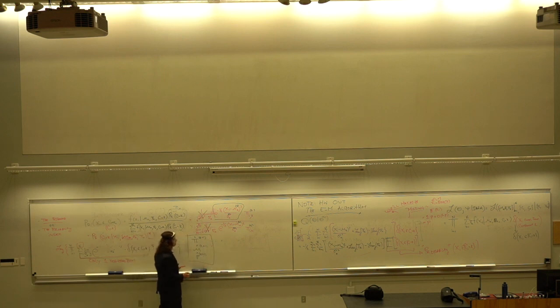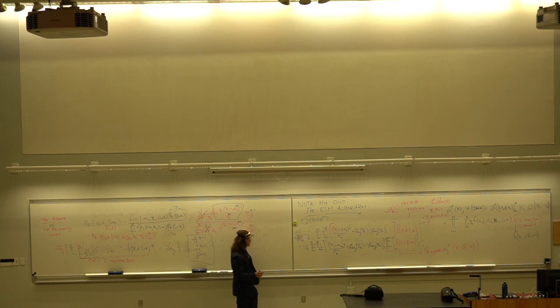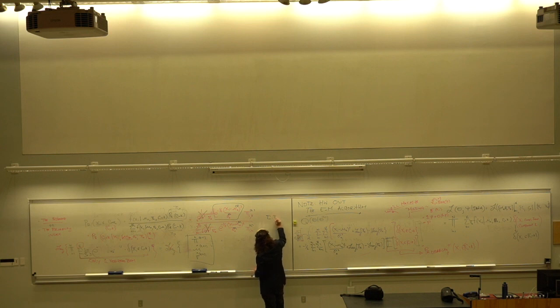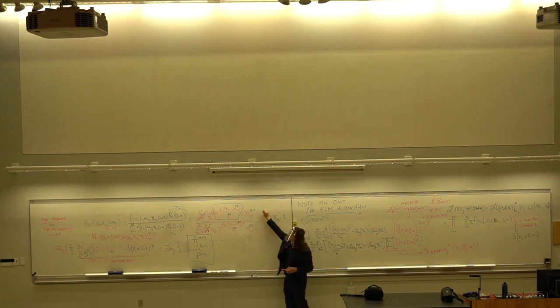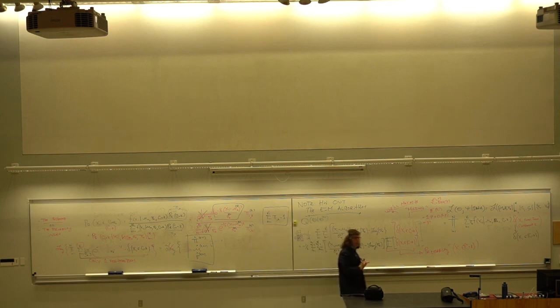I want you to remember that there's a constraint on these pi's. That the sum of the pi i k's, k goes from 1 to cap K, is equal to 1. So there is this constraint in here. And so if you're going to solve for your pi's, you need to adhere to that constraint.